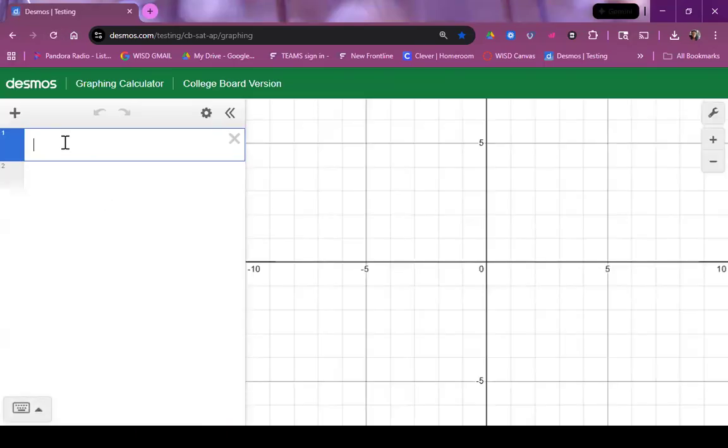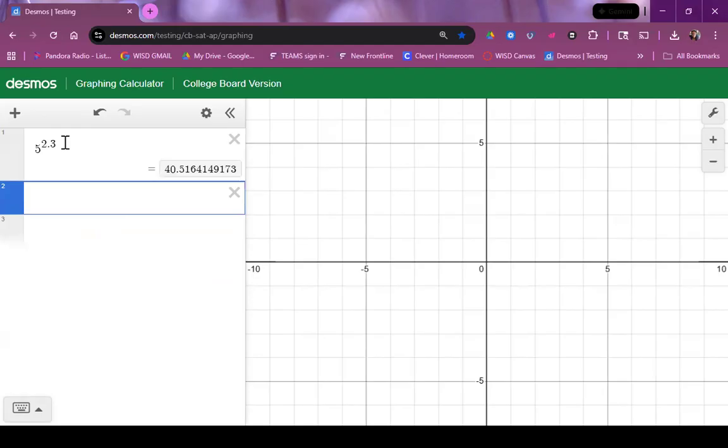If you're on Desmos and you're typing in an exponent, you can either click the little keyboard or you can press Shift 6. By pressing Shift 6, it automatically turns it into a power. So now I have 2 and 3/10. There's my answer. Again, without having to use the keyboard, I press Shift 6.